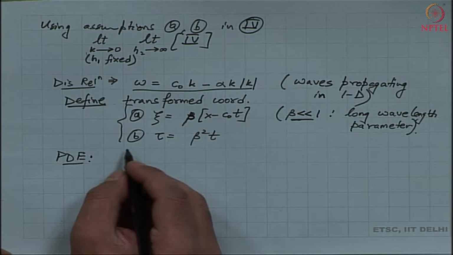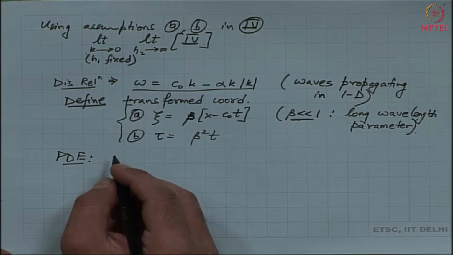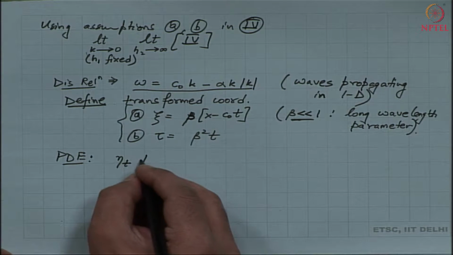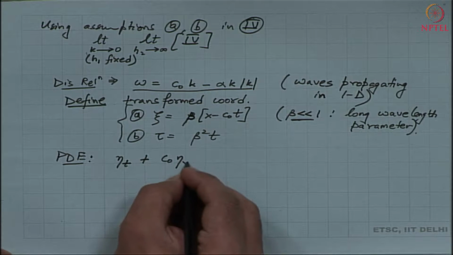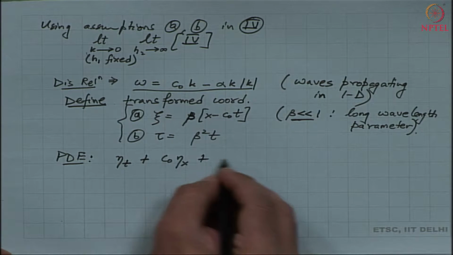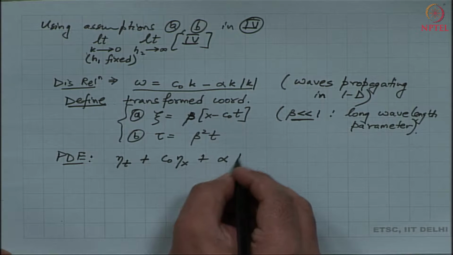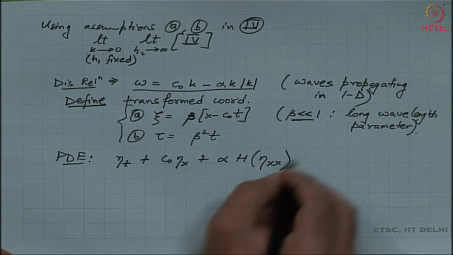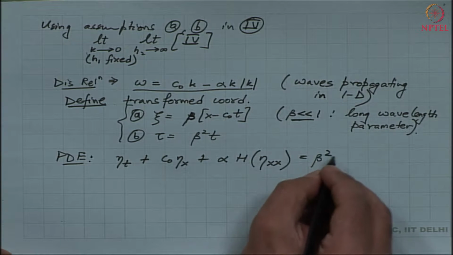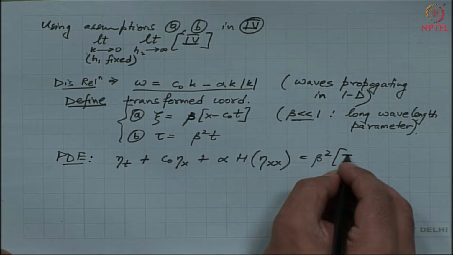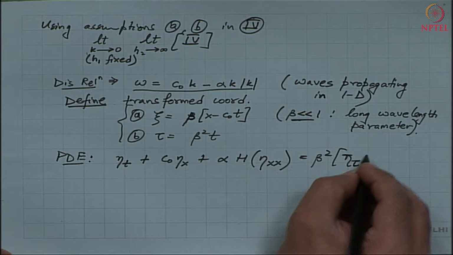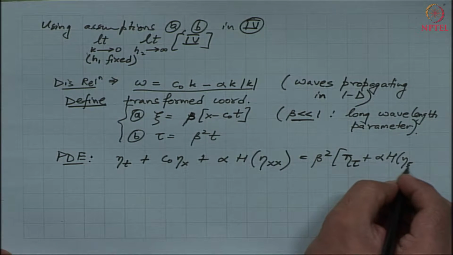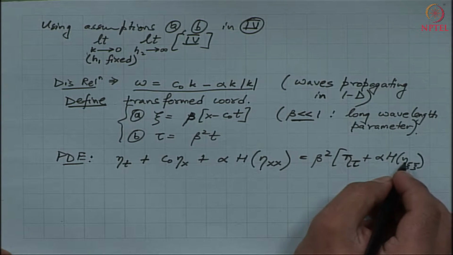So I get the PDE in this long wavelength scenario as follows. So I get eta t plus c naught eta x plus alpha times the Hilbert transform of eta xx is equal to beta square eta tau plus alpha times eta of this variable zeta.